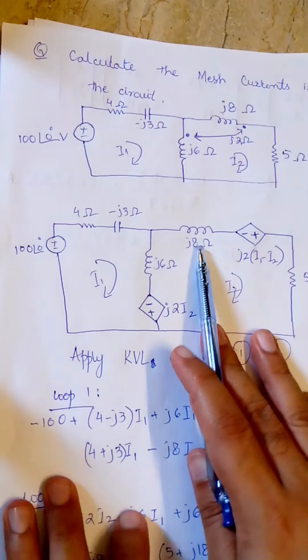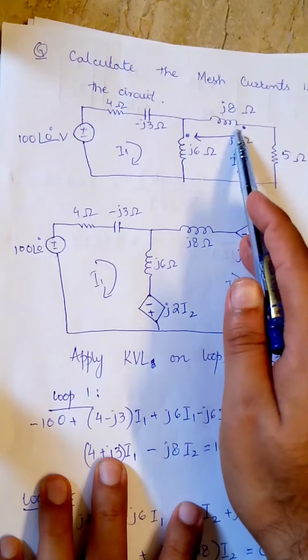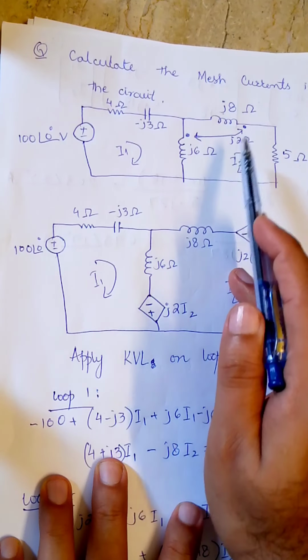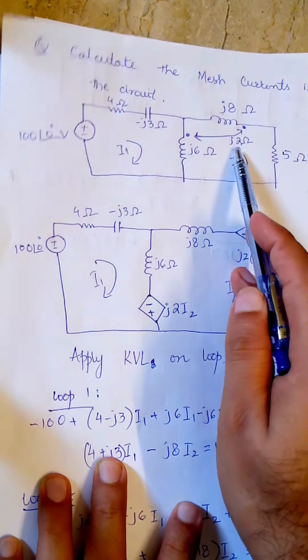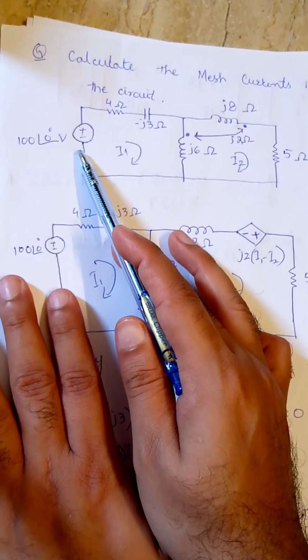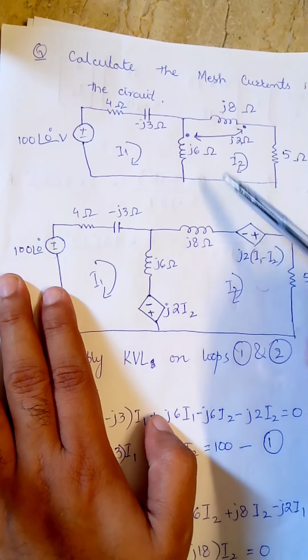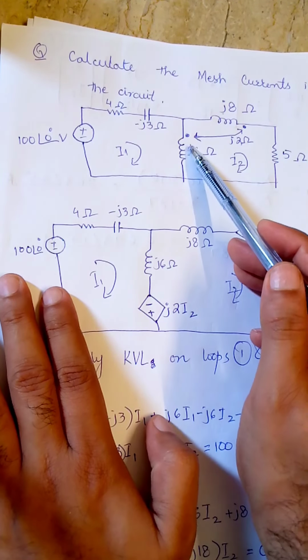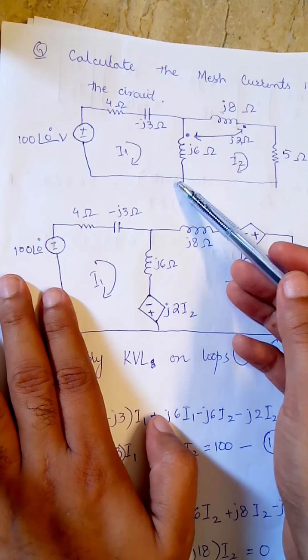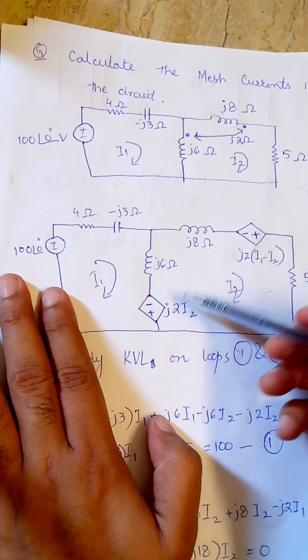So another example we are considering over here. Here these two coils, j8 ohms and j6 ohms, are magnetically coupled by j2 ohm mutual inductance. 100 volts is being supplied to the circuit. So here we would be representing this coil with a dependent voltage source, and also this j8 ohm in series with a dependent voltage source.